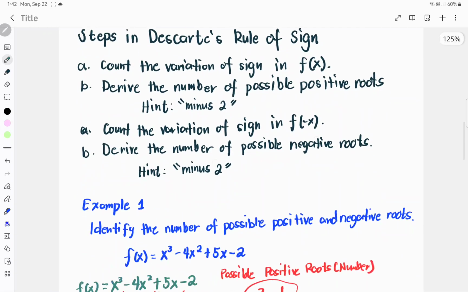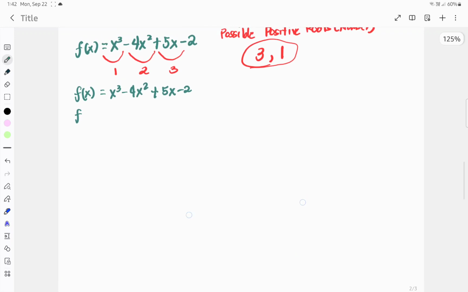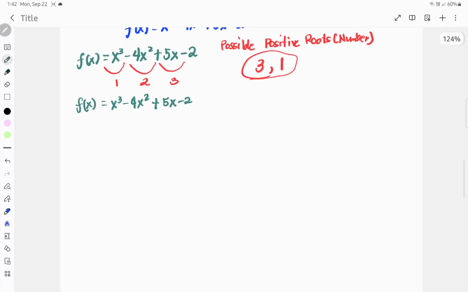Remember, on this step, it's f of negative x. Solving that, I'm just going to change all the x to negative x: negative x cubed minus 4 times negative x squared plus 5 times negative x minus 2. So that's the substitution. Now let's solve that.